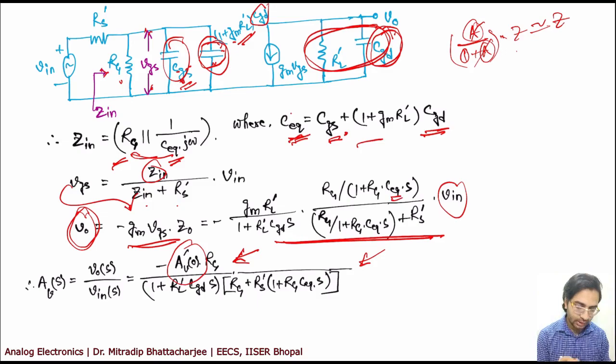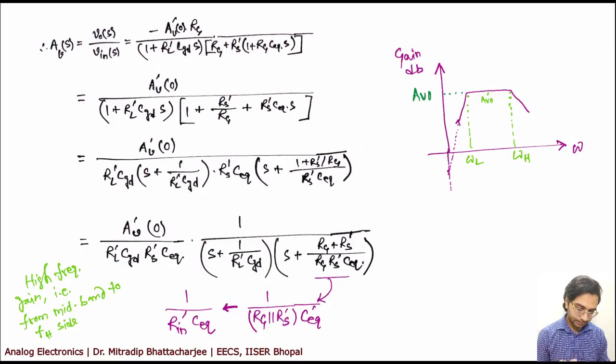In fact, I kept C equivalent values, so you replace this later. You can directly use C equivalent values, and then you'll find something like this. Now, if you look at the AV of S value, which is V0 by Vin, that we have just calculated, you have one S term over here, one S term over here.